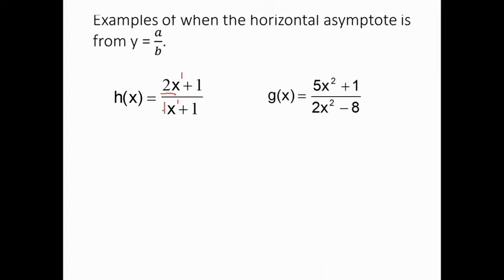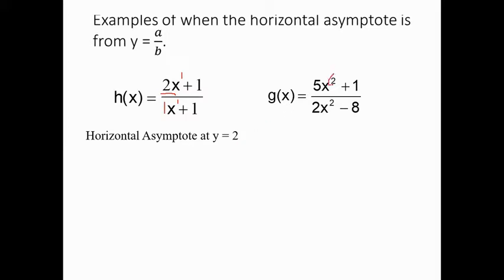All right. Let's take a look at examples of when our horizontal asymptote is y equals a over b. Okay? So notice we have a degree 1 and a degree 1. So our degrees are the same. Notice that we have a 2 for my a, and then the b, of course, would have been 1. Okay? So that means that the horizontal asymptote is y is equal to 2.